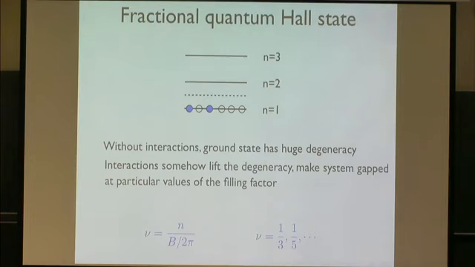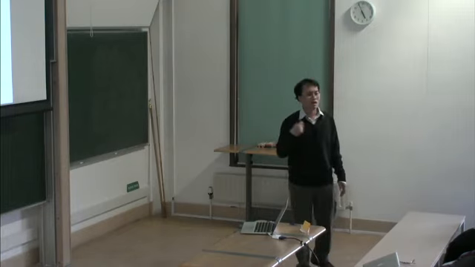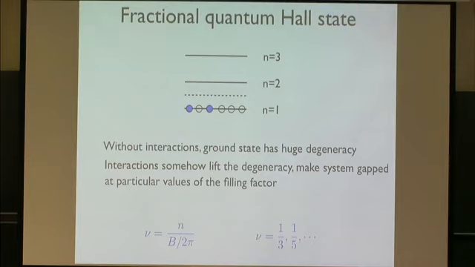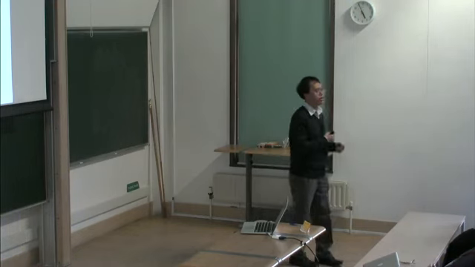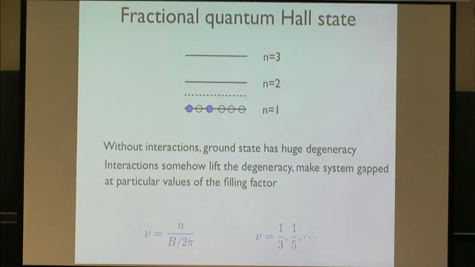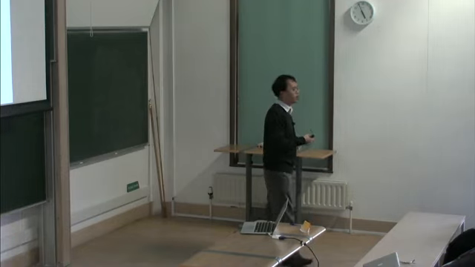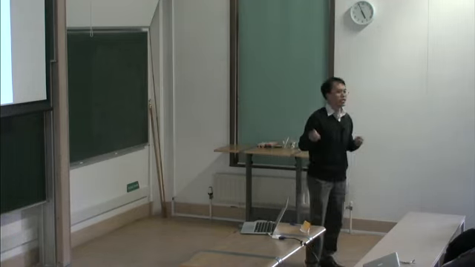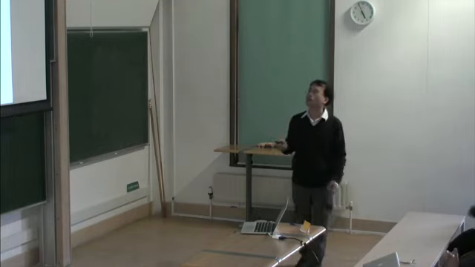only 1/3 the number of electrons compared to the degeneracy of the lowest Landau level. That means that if we are dealing with non-interacting electrons, then the ground state of the system would have a huge degeneracy, because there are many ways to put these electrons among the states on the lowest Landau level, and all these states have the same energy if the Hamiltonian is just the sum of one-particle Hamiltonians.